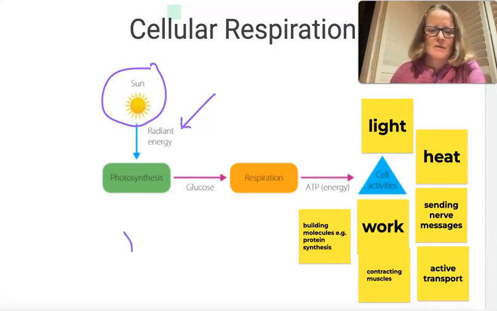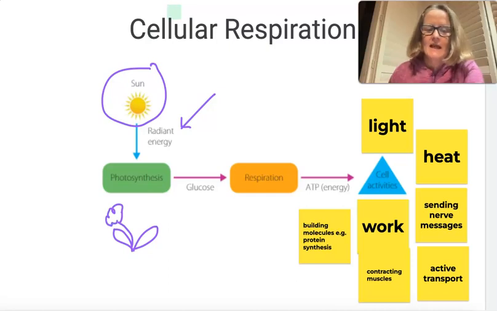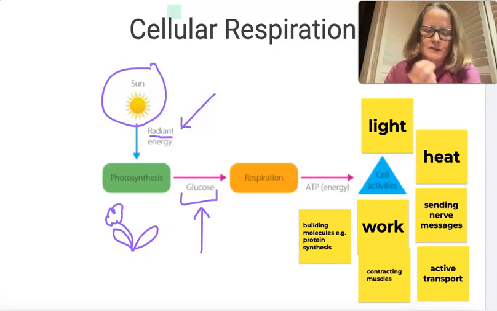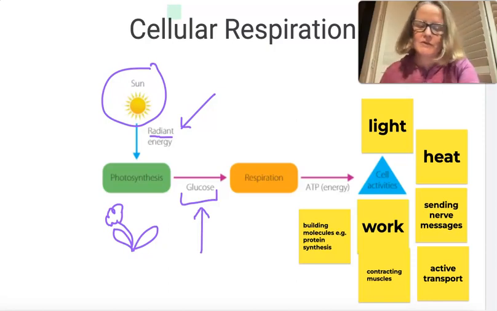So we could have a green plant here capturing the sunlight energy, and it will be photosynthesizing. And as a result of photosynthesizing, it makes the molecule glucose. So the energy has gone from being light energy or radiant energy into a stored form of chemical energy inside the bonds that make up the molecule of glucose.